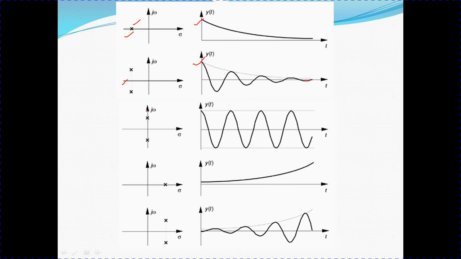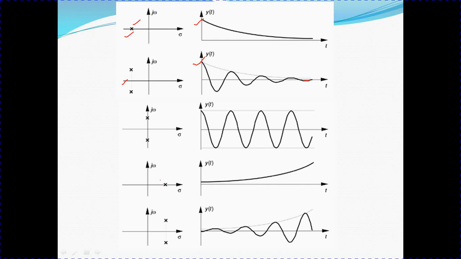Now when the poles of the transfer function or poles of the characteristic equation are on the imaginary axis, so there are no real parts here, so only two complex conjugate poles are there and both are on the imaginary axis with real part equal to 0, then the system response will be given by this kind of waveform. Here you can see it has sinusoidal continuous oscillations, and hence this system is called a marginally stable system.